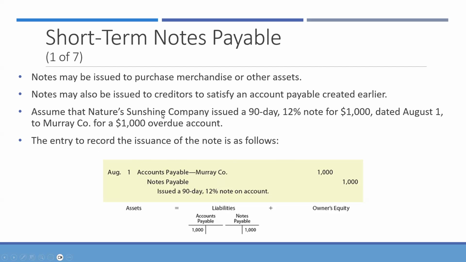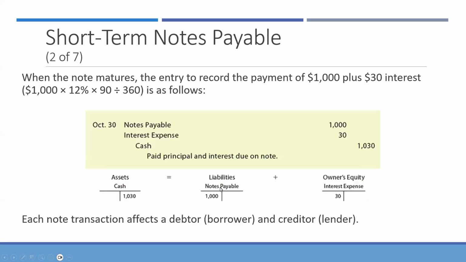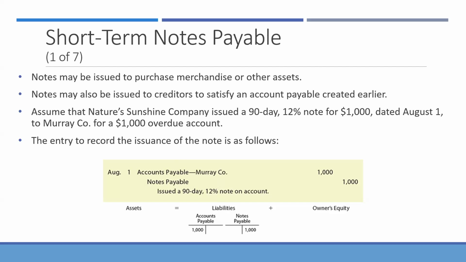The initial accounts payable was issued and then they couldn't pay it in time, so they negotiated a 90-day 12% note for $1,000 dated August 1st for their overdue account. And so we debit accounts payable and credit notes payable for the same amount. 90 days. So this is on August 1st.